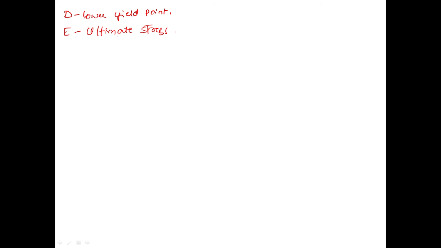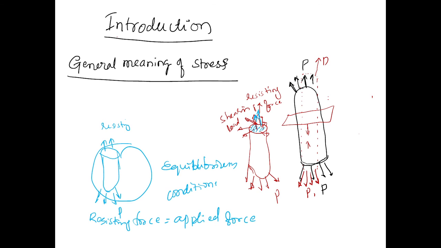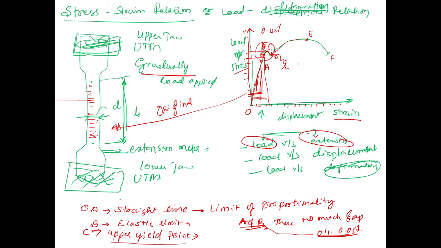Again, as you go on increasing the load, it is not able to carry the load because a cup has formed, and somewhere a neck position is going to form. Its dimensions go on decreasing as you increase the load, and somewhere it is going to break out.